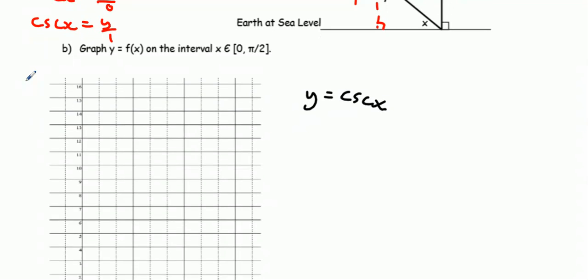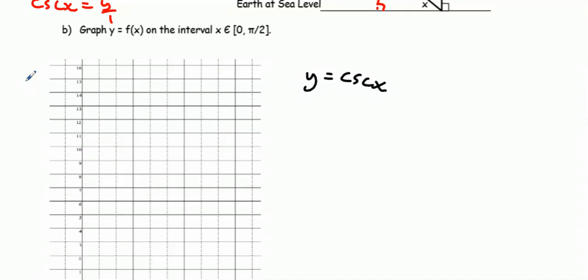There's a couple of ways you could do this. You could just generate a few points. If I wanted to go from 0 to pi by 2, I might just choose 3 angles here. The cosecant of 0, let's think about it.